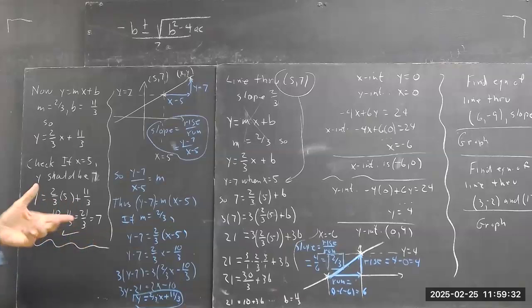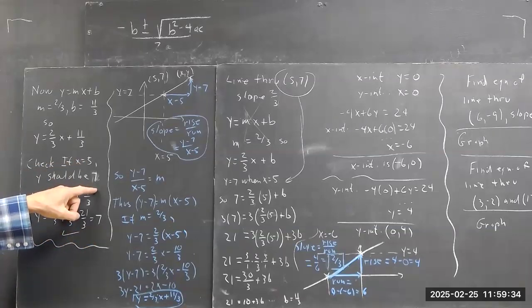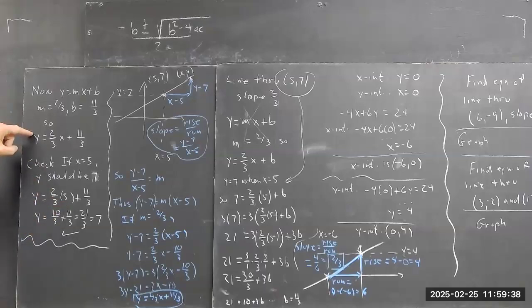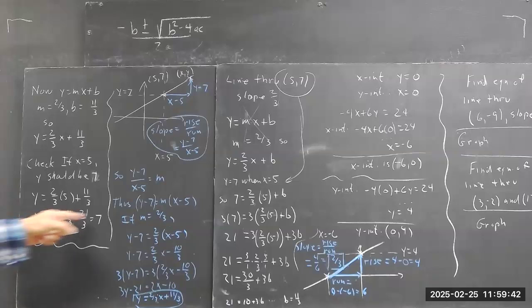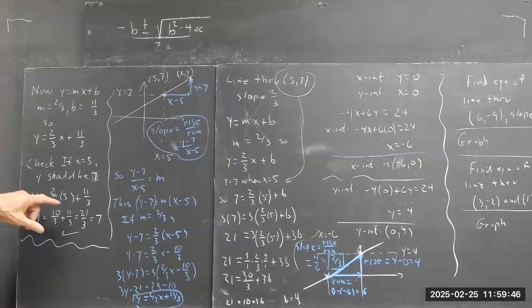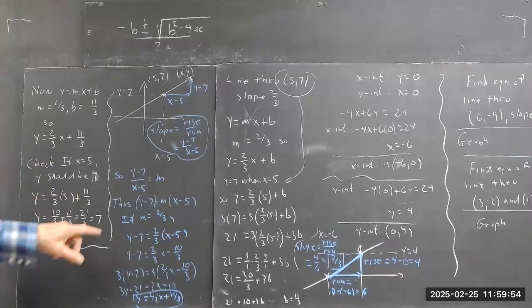We check. We put in 5 for x, there it is. Put in 7 for y, there it is. And we work out both sides. 2/3 of 5 is 10/3. We still have 11/3. 10/3 and 11/3, 10 and 11 is 21, so that's 21/3.